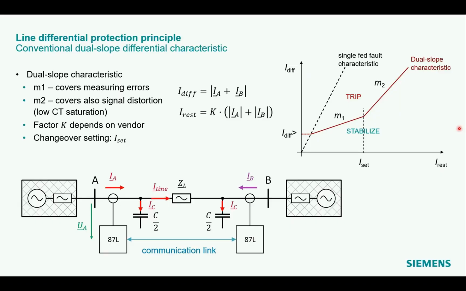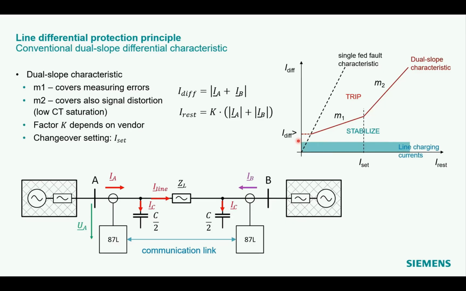A very common stabilization for the line differential protection is a so-called dual slope characteristic, which is shown on the top right figure here. As explained before, the minimum pickup threshold IDIF greater will consider and stabilize for the capacitive charging currents.